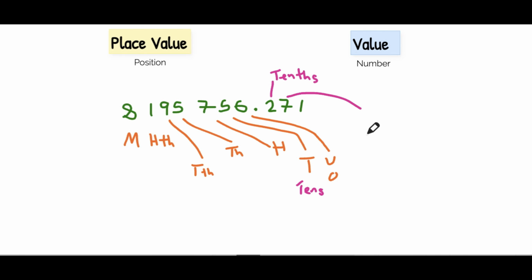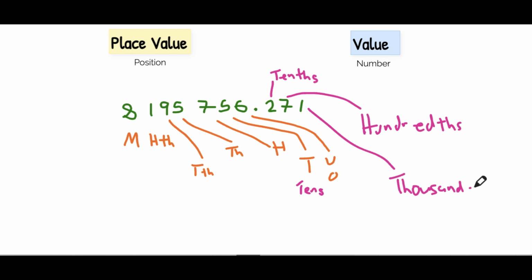Then the second digit after the decimal point is called hundredths. Notice they all have that ending. Then the third one, yes, you guessed it, thousandths.